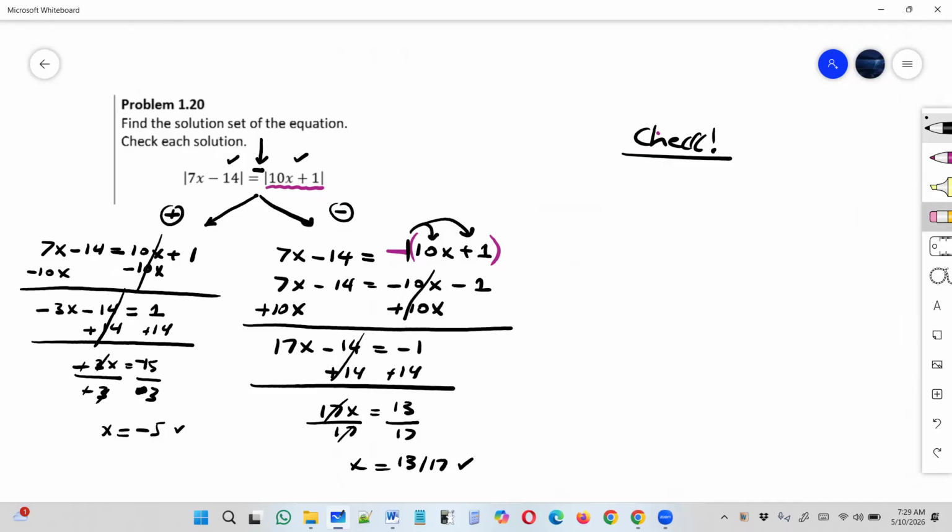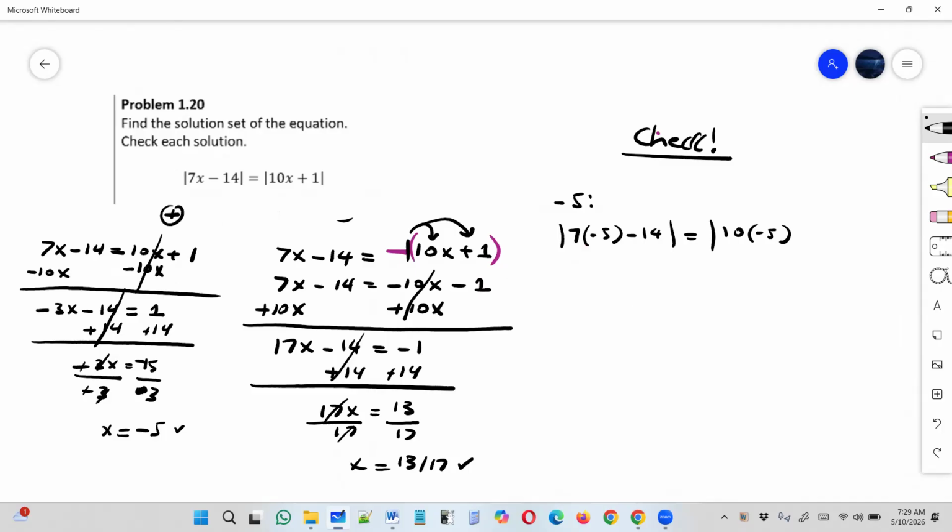So the check is on the original equation as it is. I'm going to check the -5 first because it's easier. So 7 times -5 minus 14 equals 10 times -5 plus 1.